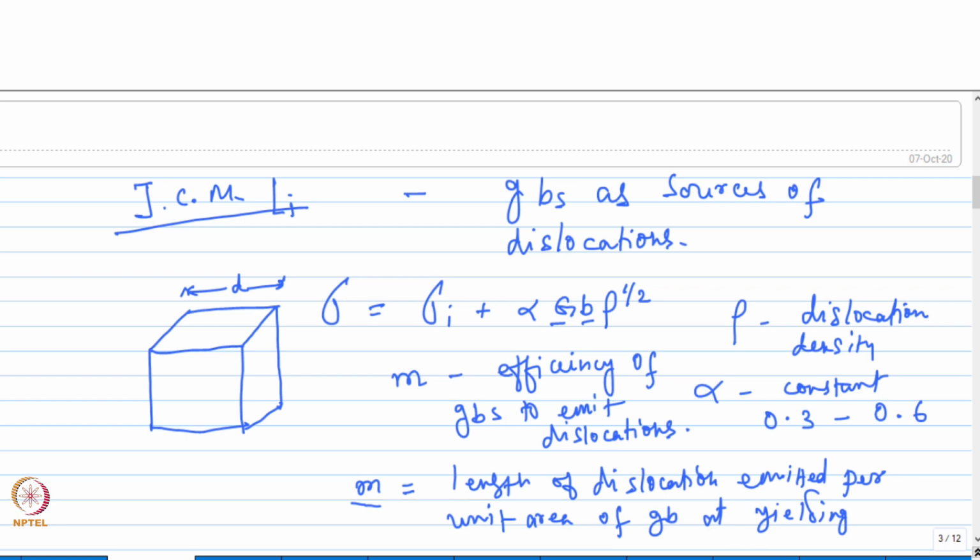Now, the total surface area of a grain like this will be 6d square.